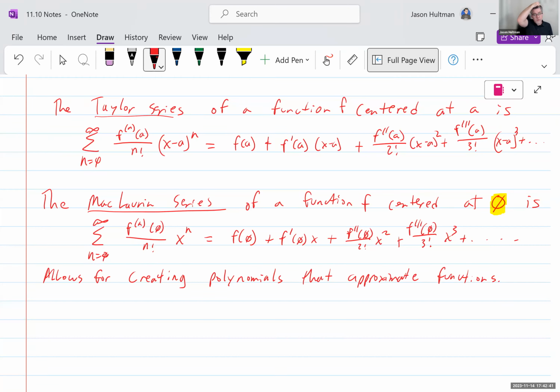Okay, this allows for creating polynomials that approximate functions, because sometimes a polynomial is a lot easier to work with than a function is. And the more terms we take, we get successively better and better approximations. Okay, the more terms we add, the better our approximation is.